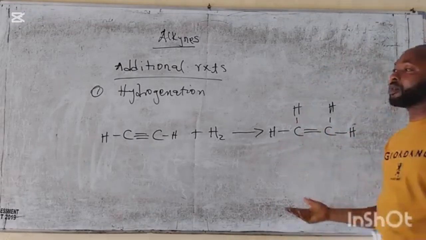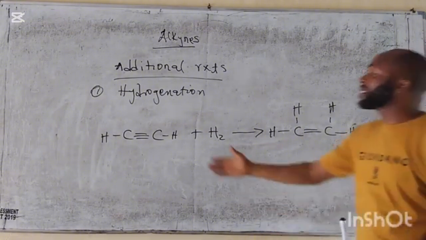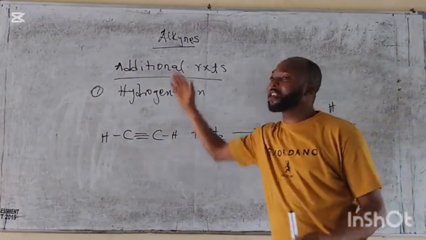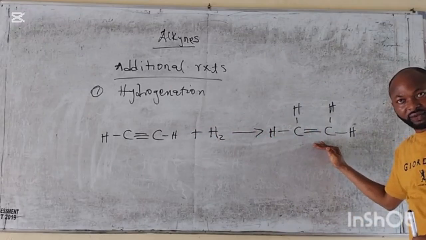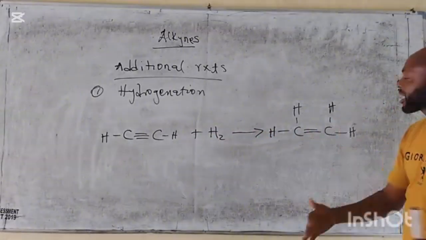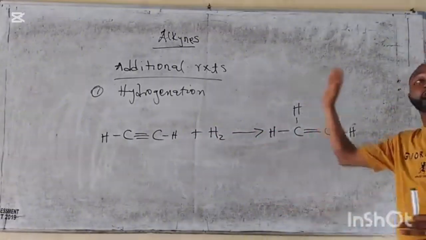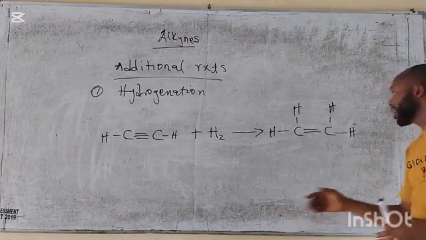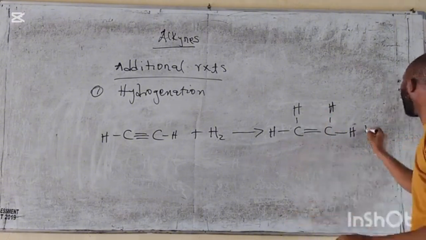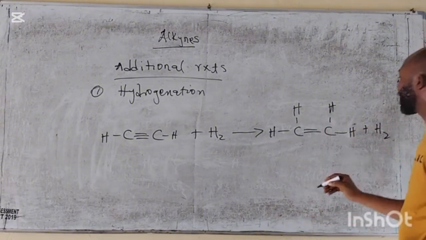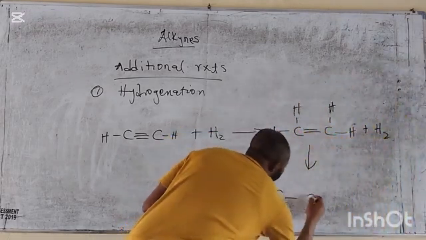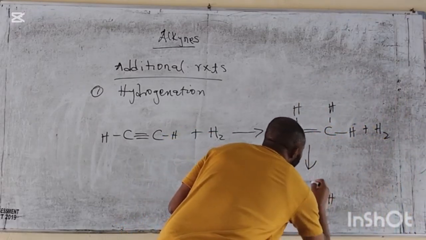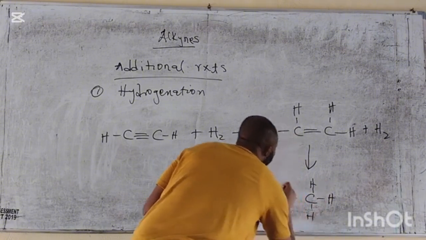So simply put, we will say ethene undergoes addition reaction to give us what? Ethane. Okay? And we know that ethyne can still undergo addition reaction to give us what? Ethene. If I decide to put my plus H2 here, that will definitely give me the C double bond, with hydrogen, hydrogen, hydrogen here.